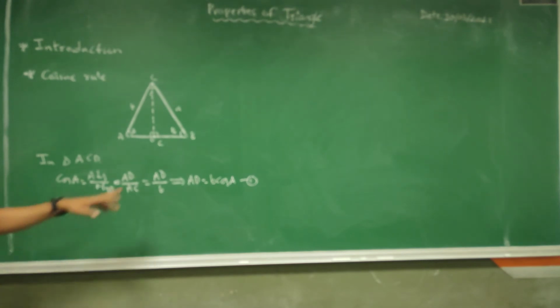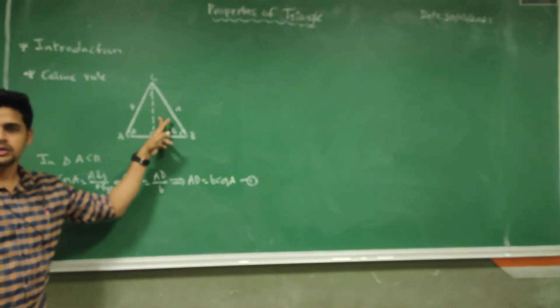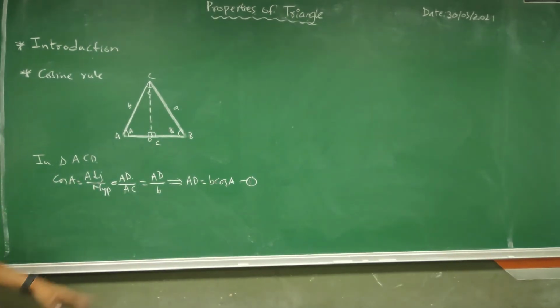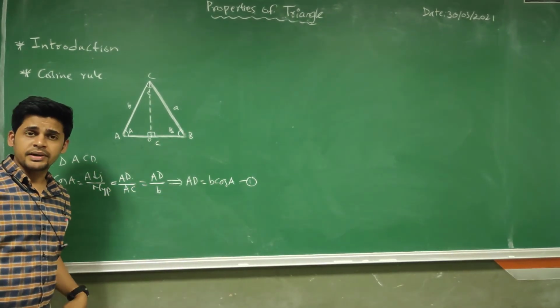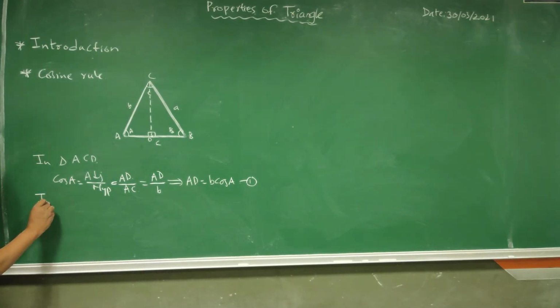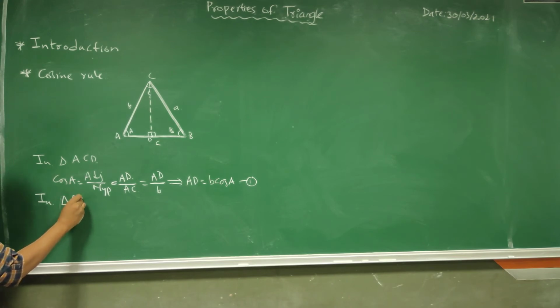Now you can see here we have another right angle triangle, that is BCD. So in BCD, can I apply Pythagoras theorem? So we will apply Pythagoras theorem in triangle BCD.